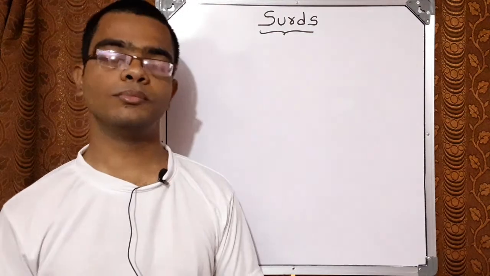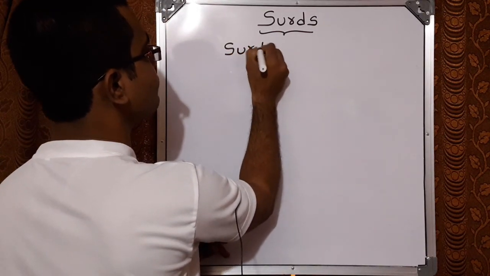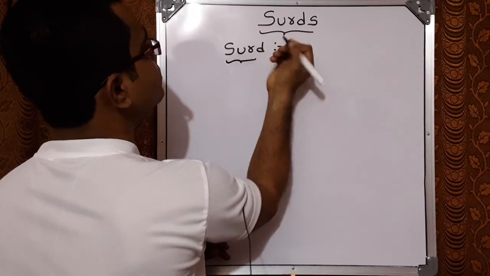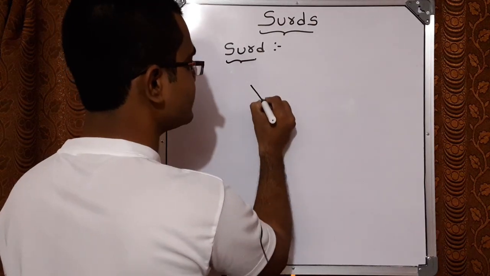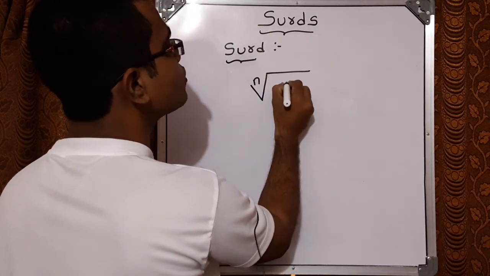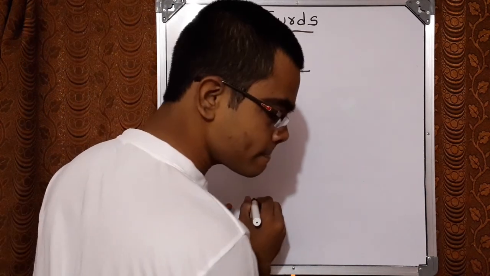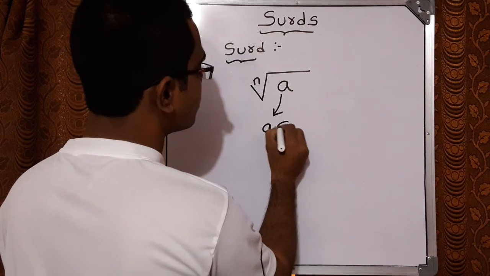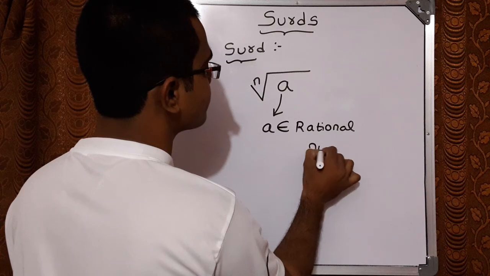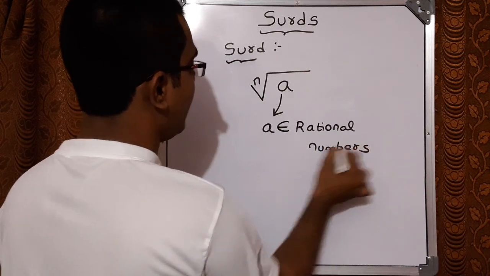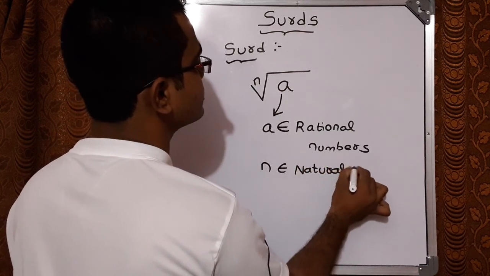Okay friends, so let's see exactly what is a surd. So when we remember what is a surd, we write it as nth root of a. Here a belongs to rational numbers and n belongs to natural numbers.